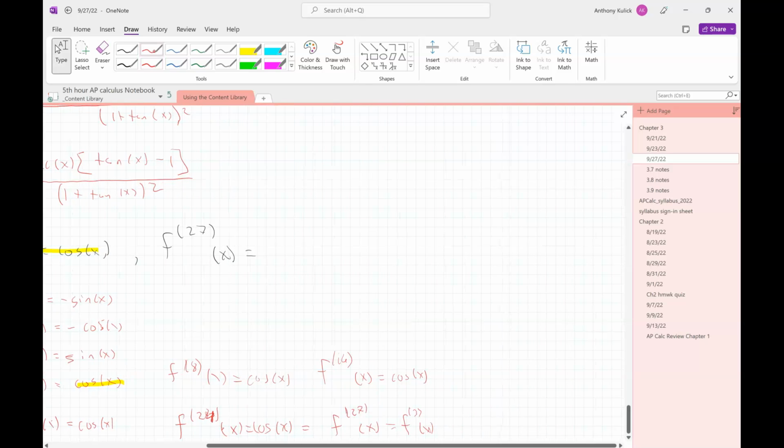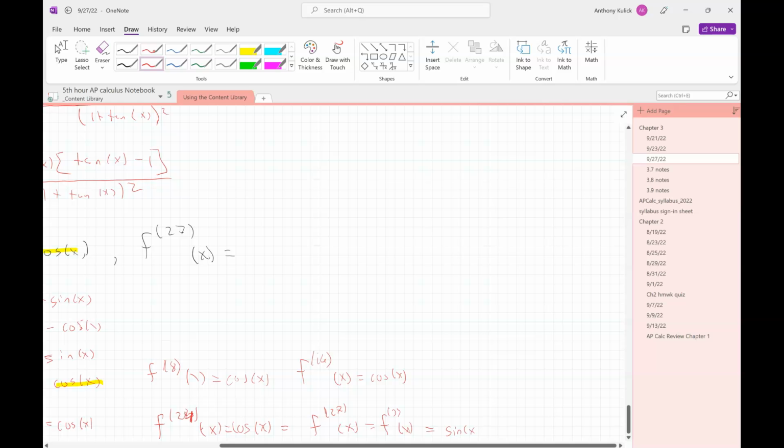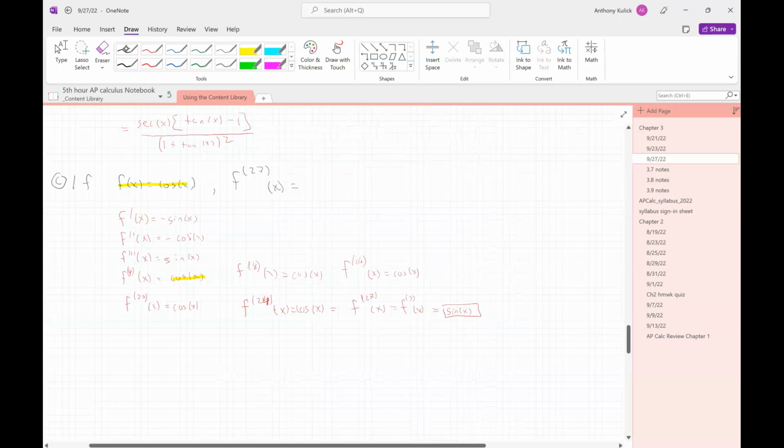So it should just be sine x. Look at that. Didn't even really have to take 27 derivatives there. Did enough to find my cycle, and then I recognized that every cycle has length 4. More likely than not, if somebody asks you to do a giant derivative like that, there's going to be some easy shortcut through it, like this one.